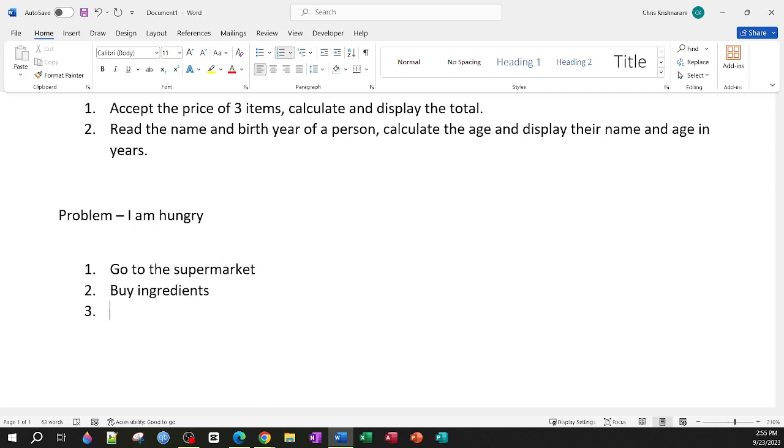So an algorithm is more of a descriptive manner of writing your steps. You can write it in plain words. What exactly is going to happen?